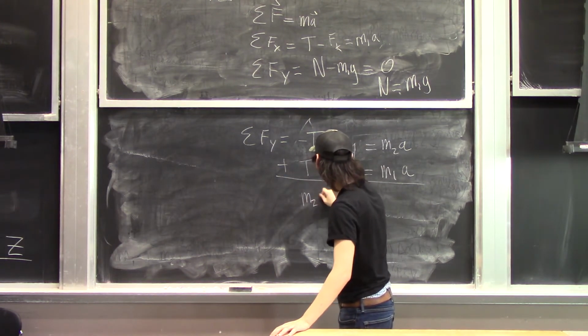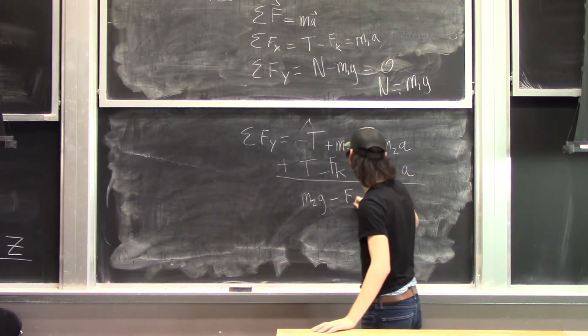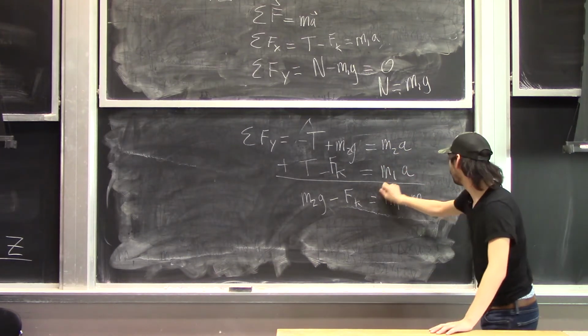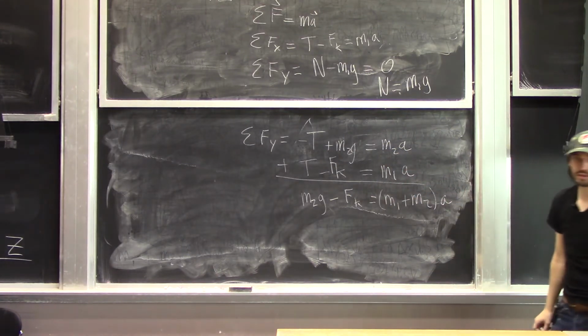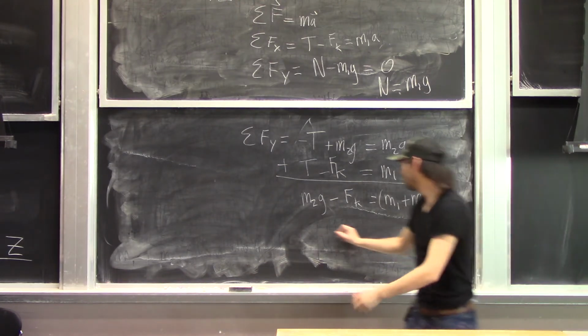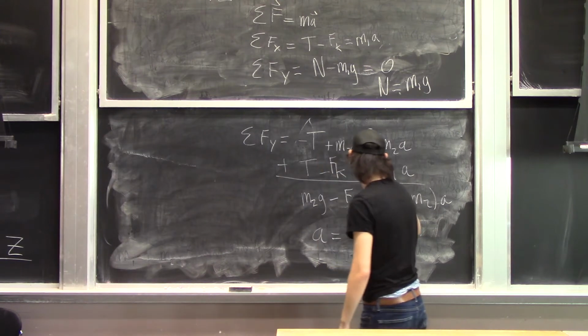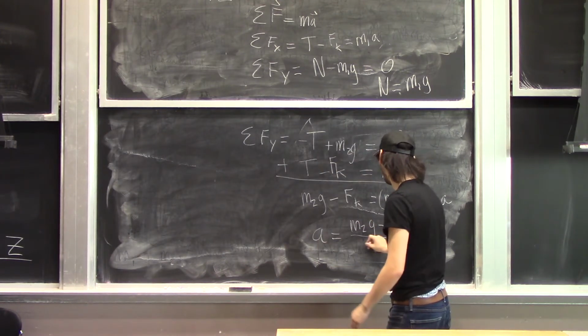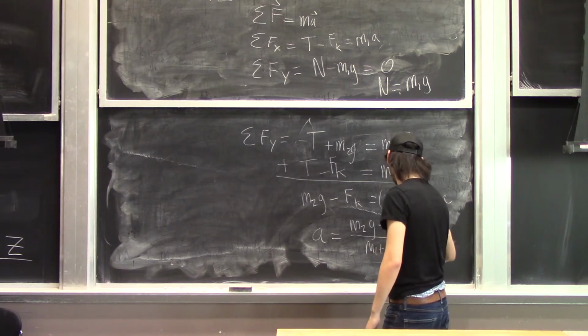This is going to be m2g minus fk equal to (m1 plus m2) times a. Solve for a: a is going to be equal to (m2g minus fk) divided by (m1 plus m2).